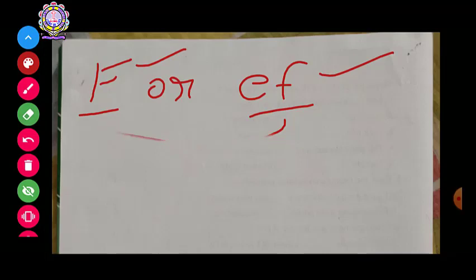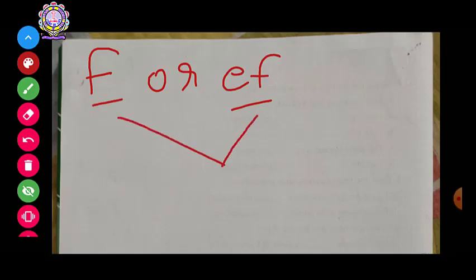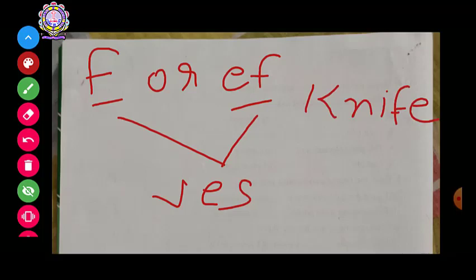We have to replace f or fe with what? Yes, with ves. Suppose it's written knife. Can you see this? So f is there.